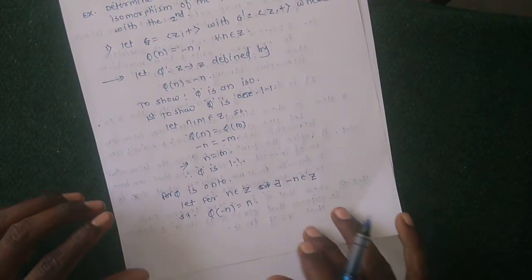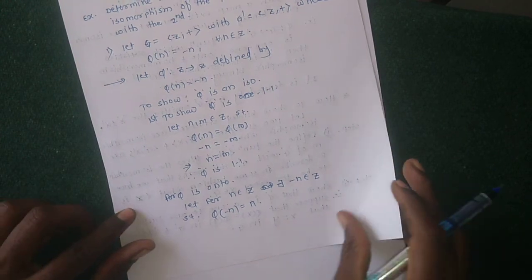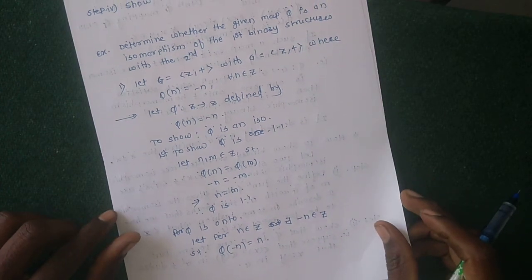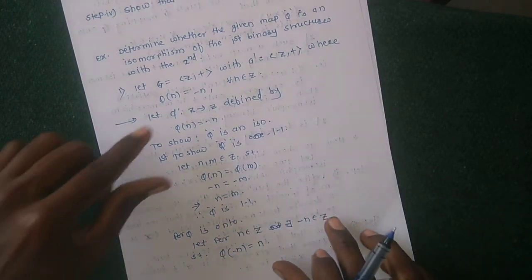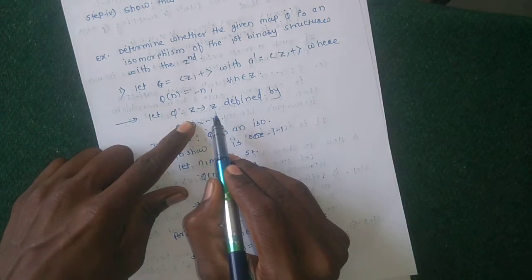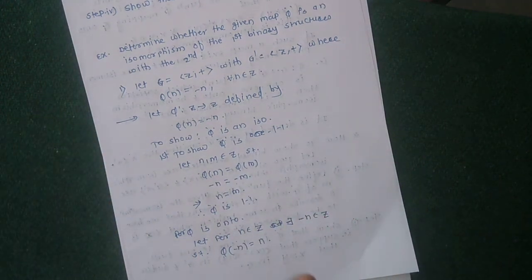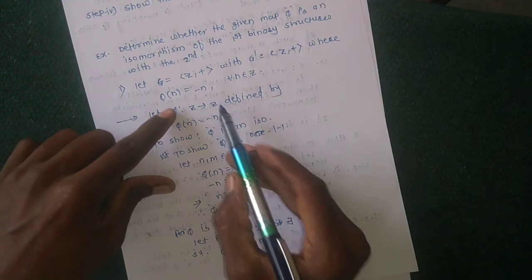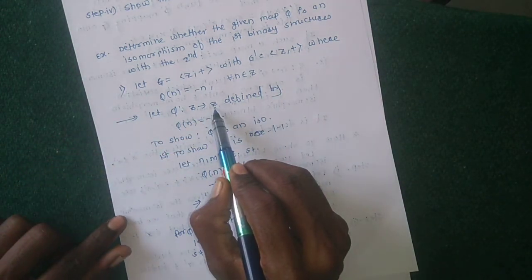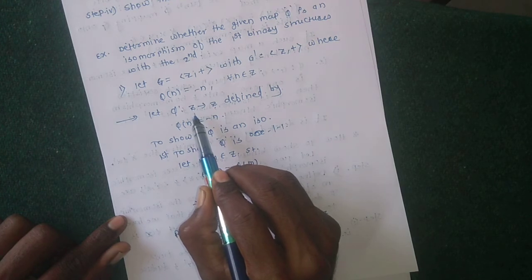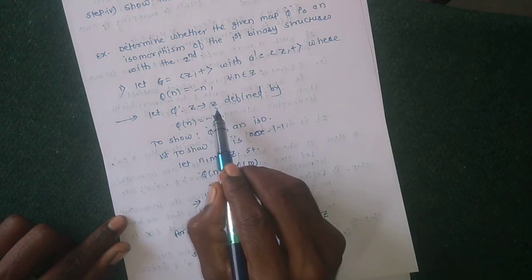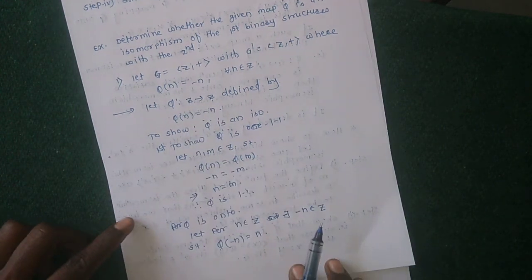What is the definition of 1-1? 1-1 means for every element in the domain there is exactly one image in the codomain. And the definition of onto is that for every element in the codomain there is a pre-image in the domain.